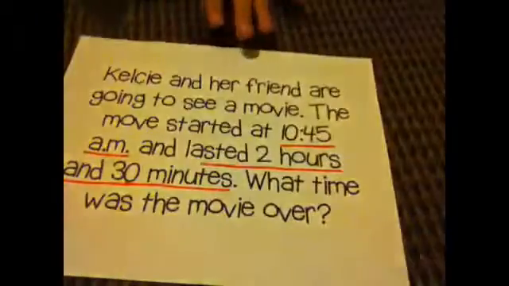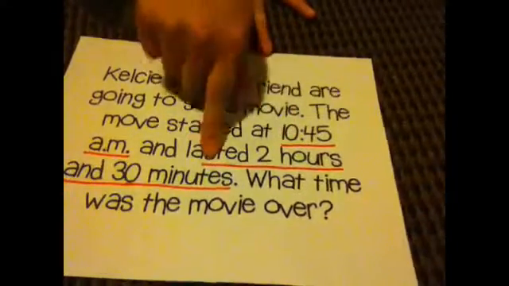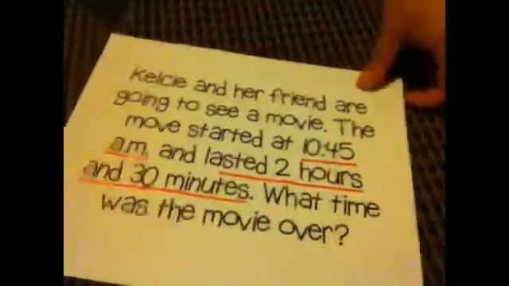So now let's take a look at our problem again. Remember that this is the start time, this is the elapsed time, and we're going to find out the ending time. So now I'm going to use an approach, and this is called the timeline approach.